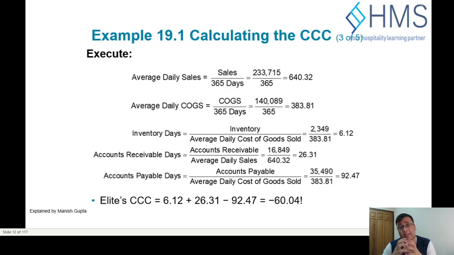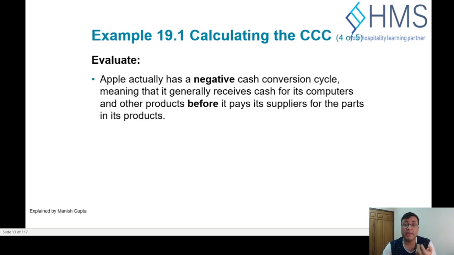It signifies that Apple has not invested any money into its working capital. It's actually getting financed by the suppliers, right?